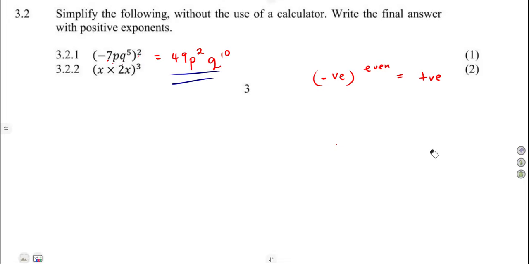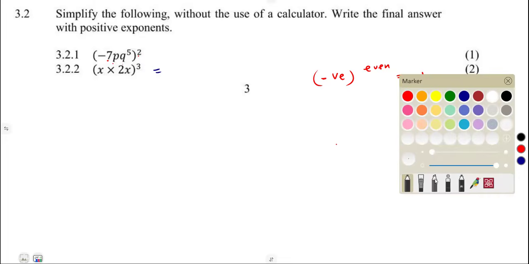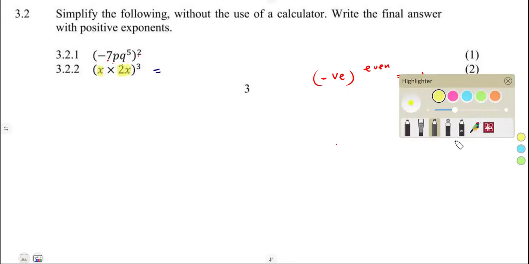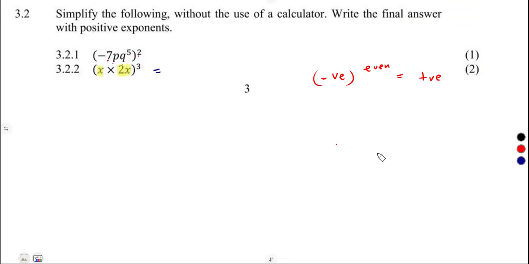All right, then let us move on to 3.22. In this case, we have got an exponent of 3 outside. But let's consider what is inside the bracket. It's a product, so we can simply multiply these two, x and 2x. Remember, when you're multiplying numbers of the same base, you simply add the exponents.